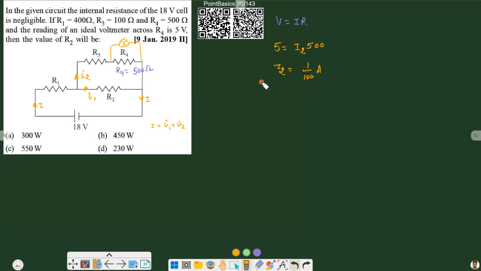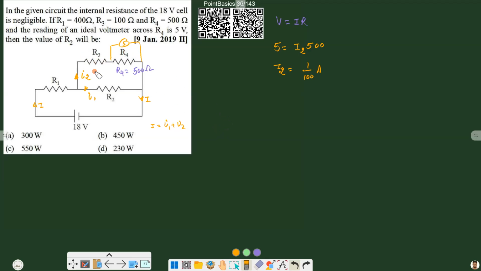Now we know the value of I2, and as I2 is flowing through both of these resistances, we can simply replace them by their series combination.